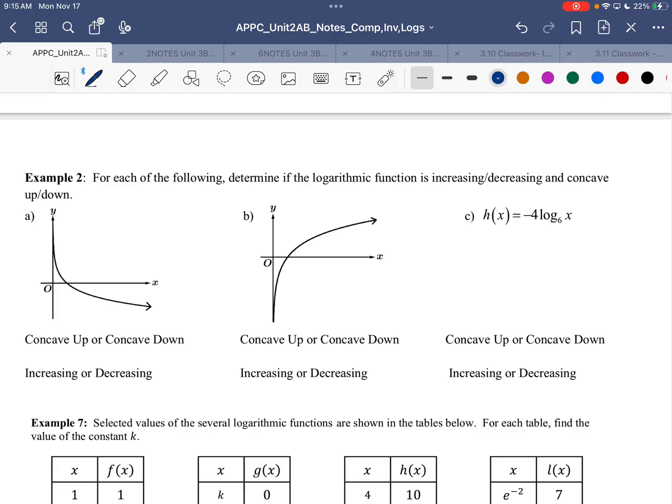All right, for 2A, Janaya, what is it? Concave up and decreasing. Correct. 2B, Z. Concave down and increasing. Good. And Graham, 2C. Concave up and decreasing. So 2A and 2C should have similar looking graphs with each other.